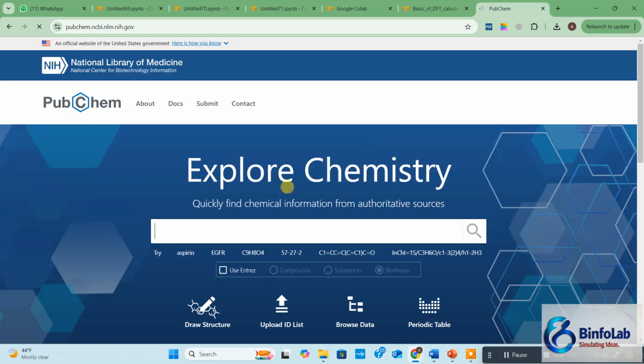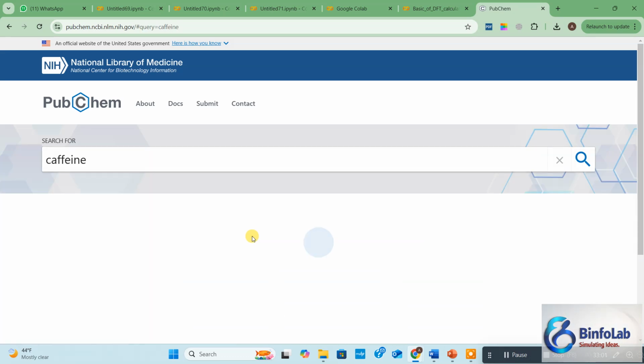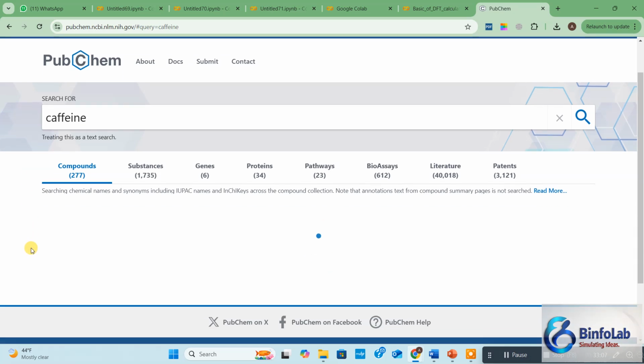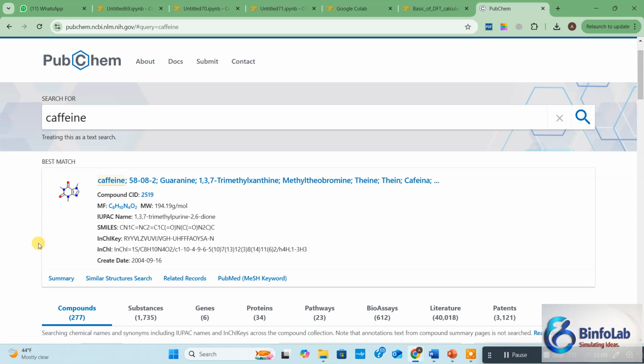If you don't know, PubChem is a database and it contains almost any compound. Let's say I'm interested in caffeine. Okay, can you see this is a compound, CID 2519.